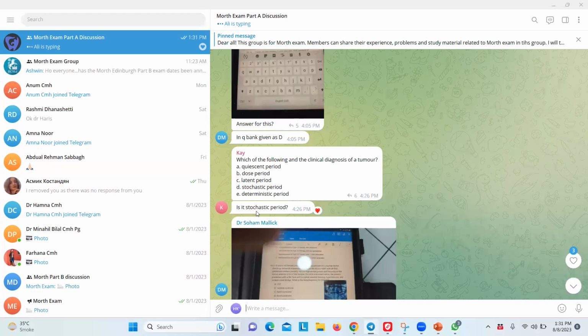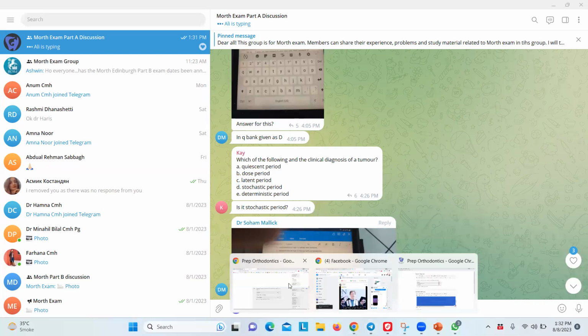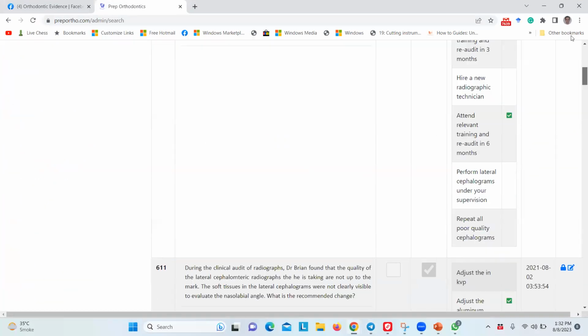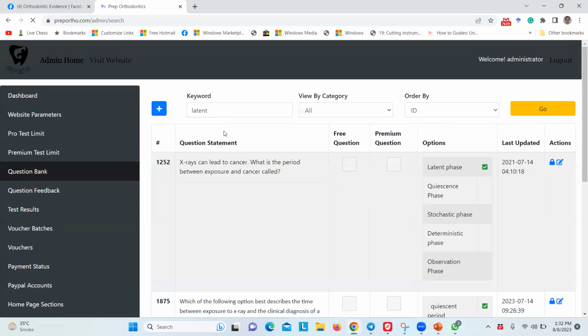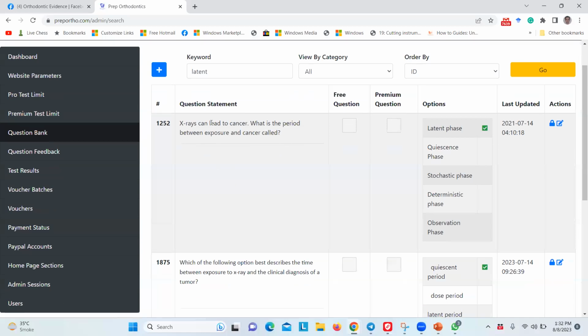Yes, I think it's a latent period. X-ray can lead to cancer. What is the period between exposure and the cancer called? It's called the latent phase. So that's the actual question.